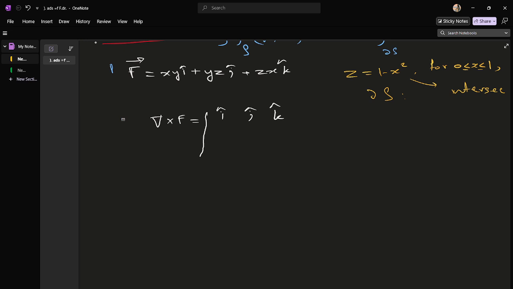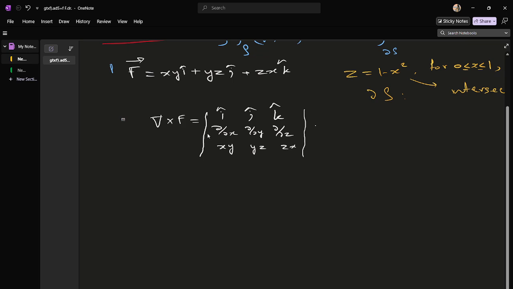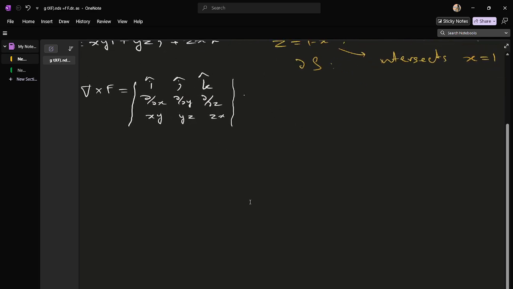We all know how to do the cross product, no? This is a determinant, so now I have to expand the determinant.